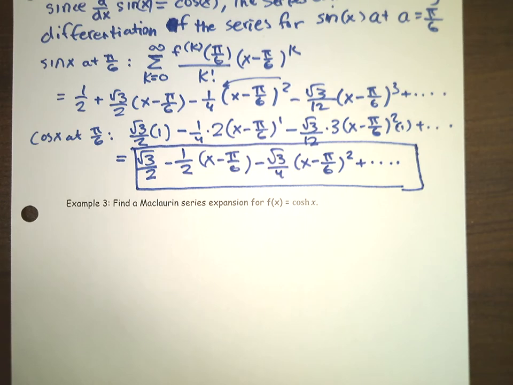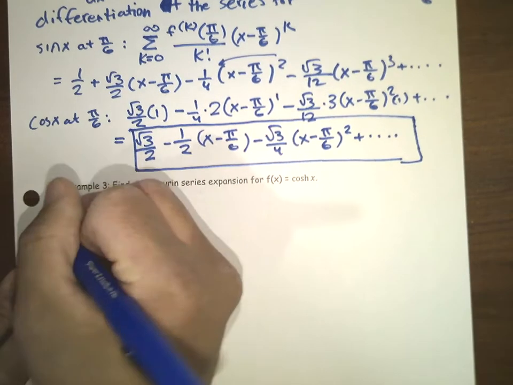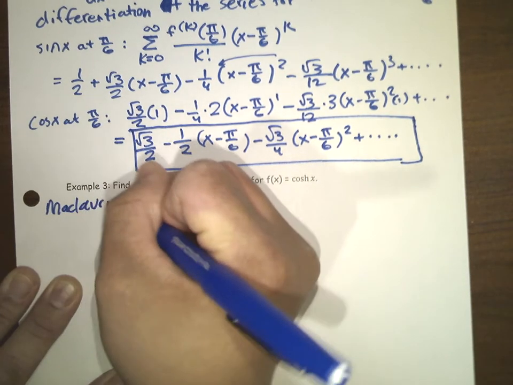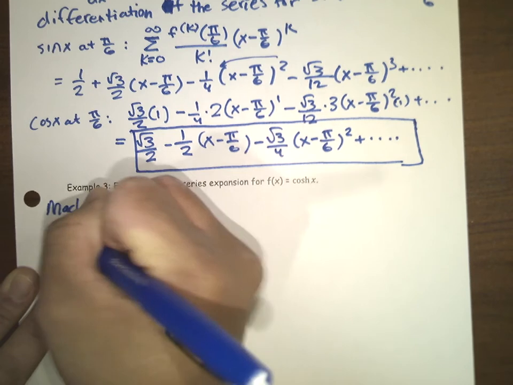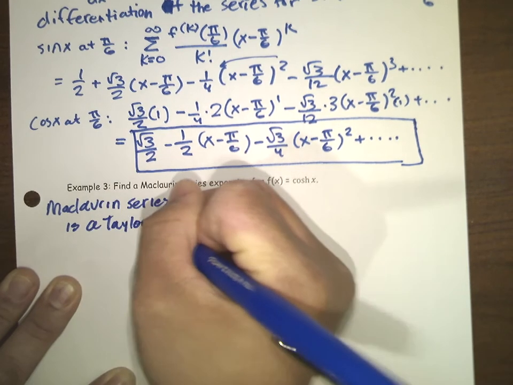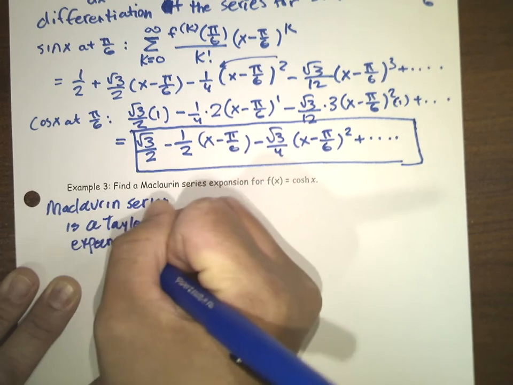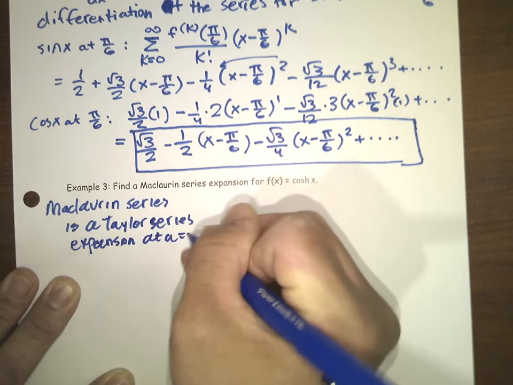All right, so now let's try this next one. Find a Maclaurin series expansion for f of x equals the hyperbolic cosine of x. Remember that a Maclaurin series is just a Taylor series expansion at a equals 0.